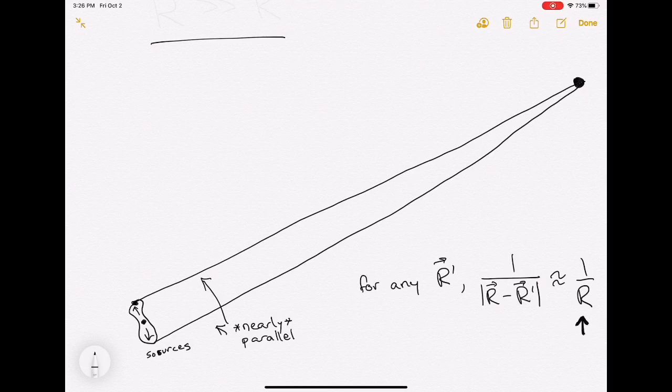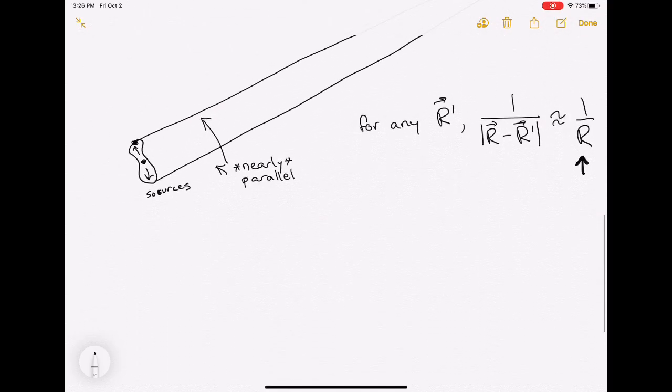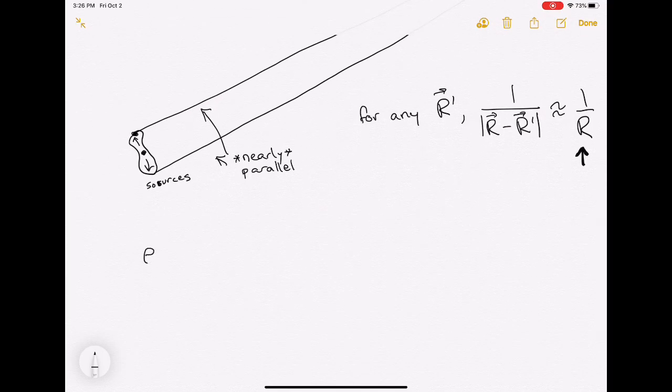It doesn't have any oscillatory behavior, and as r gets bigger, small differences in the size of r don't affect it very much. But for the phase term, because remember we also have e to the minus j k magnitude r minus r prime in that radiation integral, for the phase term, we actually do care about small variations in that magnitude term, because this varies pretty quickly.